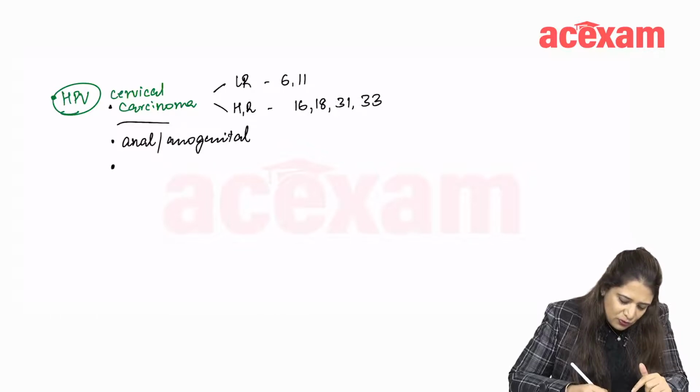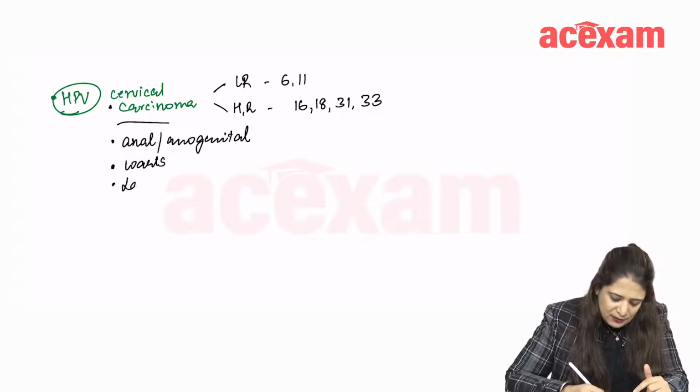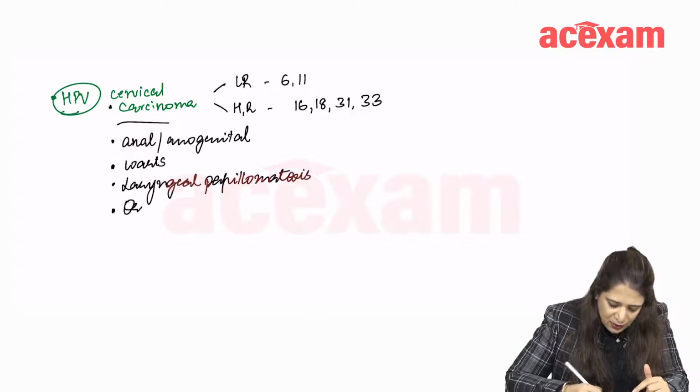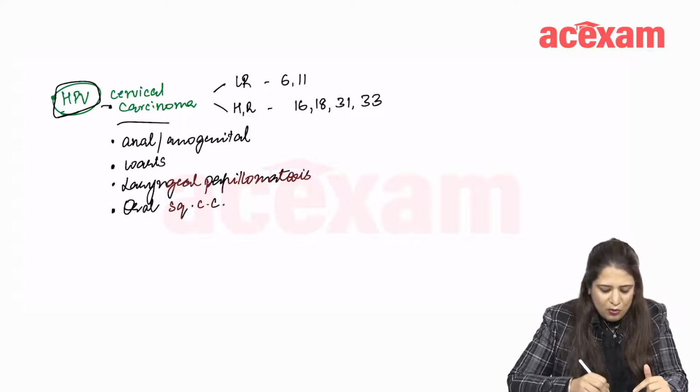Then also it is associated with warts and it is associated with laryngeal papillomatosis. And also, much research has now concluded that even oral squamous cell carcinomas relate with HPV infections, right? So these all you should know.